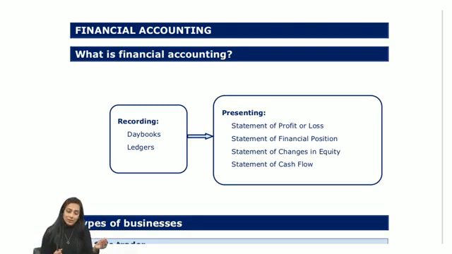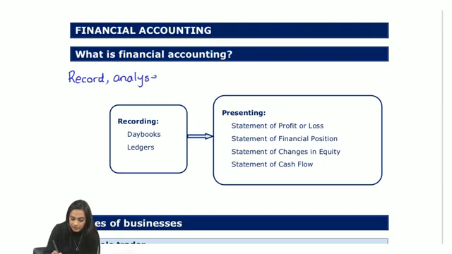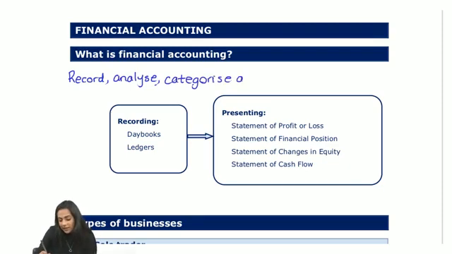So it's up to accountants to keep a record of these transactions and then try to summarize what these records or transactions actually mean. So accountants record, they analyze, they categorize, and finally summarize financial transactions.